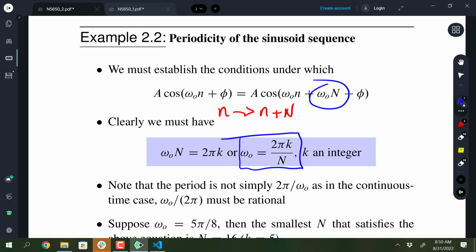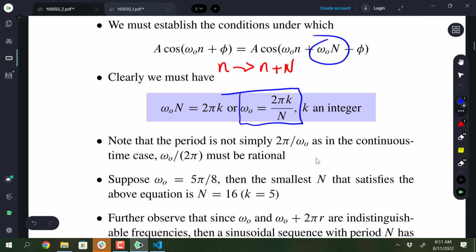And LCM, least common multiple, can be a useful tool if you're using it in Python or MATLAB, or I guess Julia has LCM. I haven't really looked into it. But this tells us what guarantees it to be periodic.